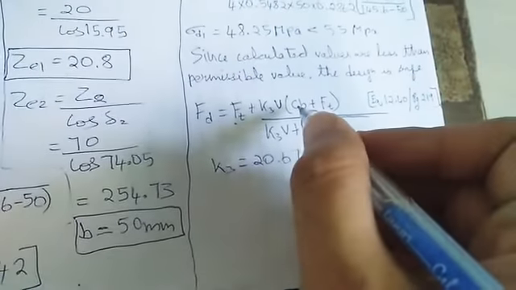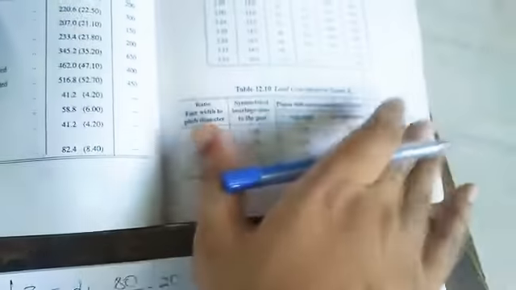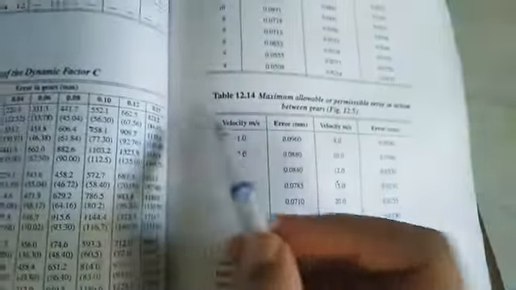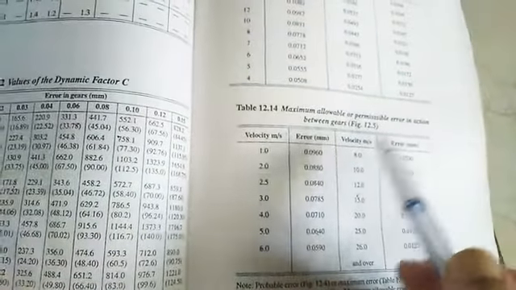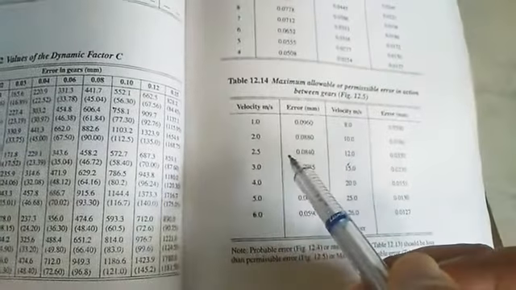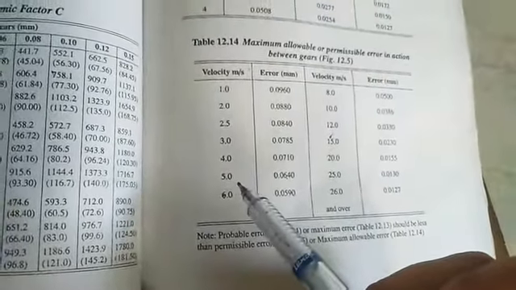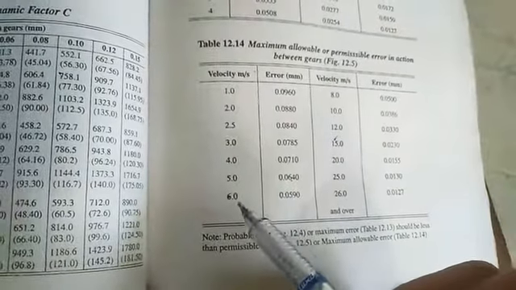I need to find the value of C. To find it, we'll refer to the data handbook, where there is a table to find the value of error. This is also the same as per gear. You can see maximum allowable error. The velocity which we have got is 5.03 meter per second, so here you can see 5 or 6.